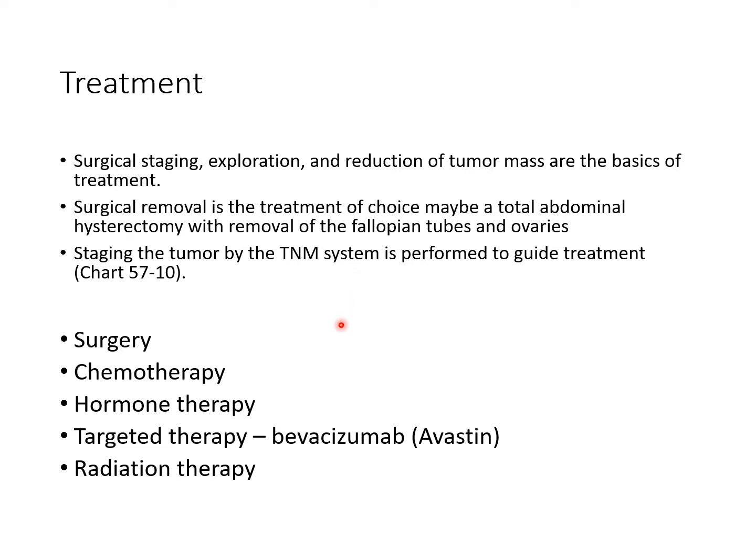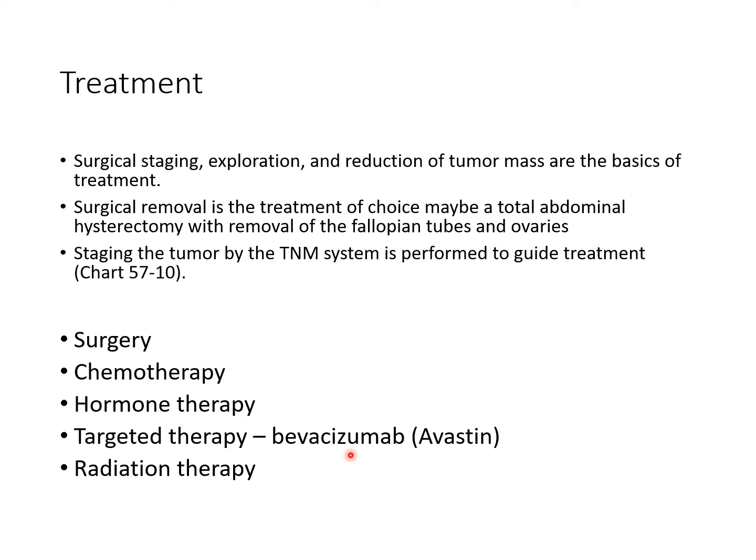So here, in terms of treatment, this is the same as for any types of cancers, right? And we've discussed some of these already. So things like surgery, chemotherapy, hormone therapy, targeted therapy, which we've talked about. Targeted therapy meaning that they are making up these new drugs, and they are specifically going to attack the cancer cells, and the hope is that they're not damaging any other normal tissue at the same time, because the problem is normally when you're trying to attack your cancer cells, you're also damaging normal cells.